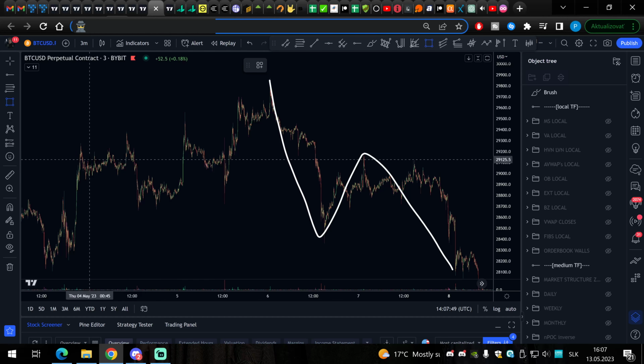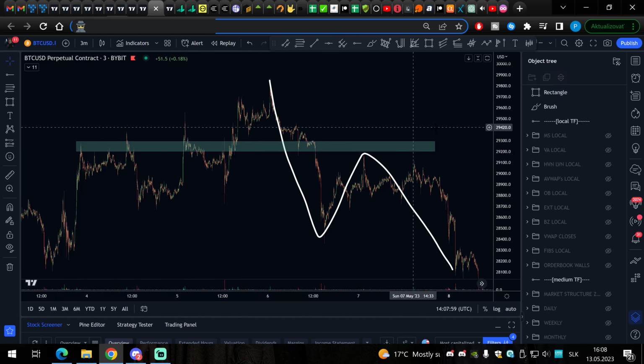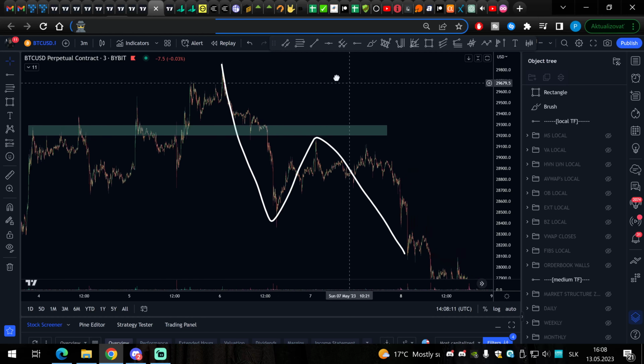We rejected a lot of times here, so it's time to pull the zone here. The market was even so weak, it did not have enough power to reach the zone. Sometimes it happens if the moves are very violent, and you don't even touch the support and resistance zone, but it's perfectly fine.